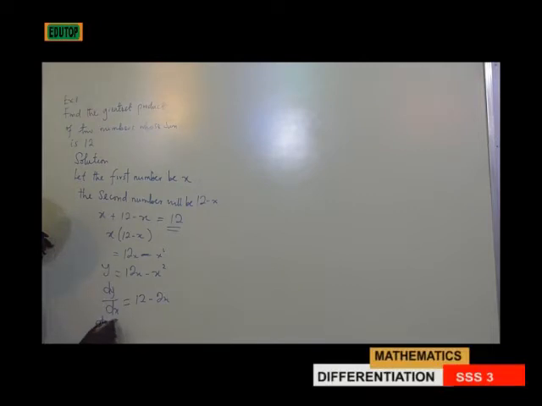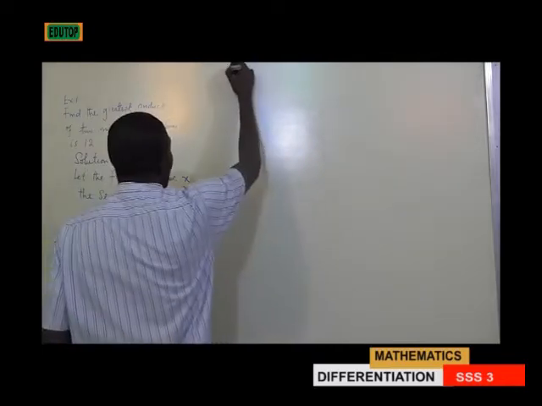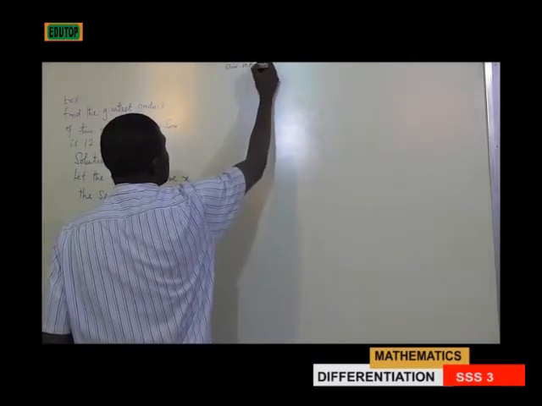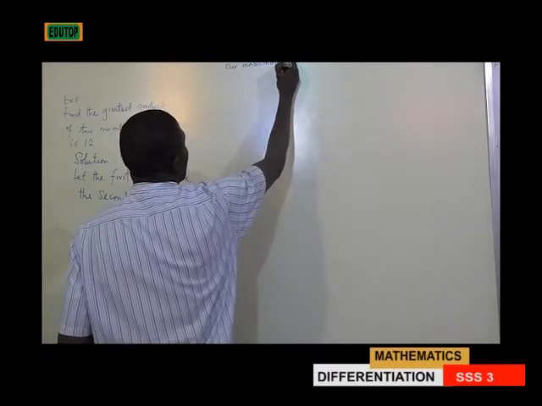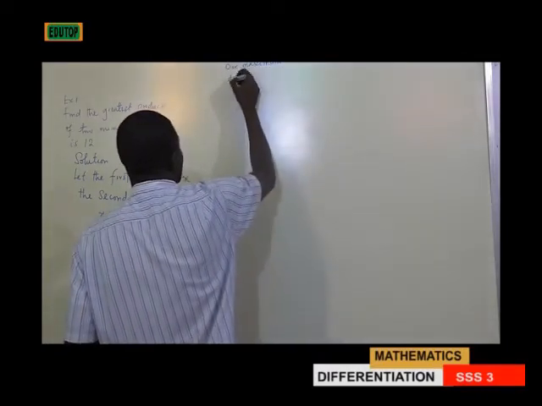At stationary points, dy/dx is equal to 0, and at that point our maximum value is determined.